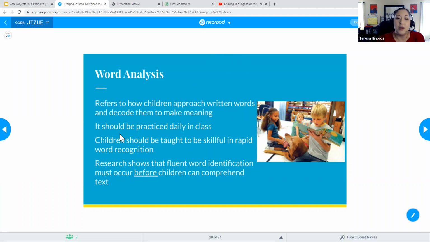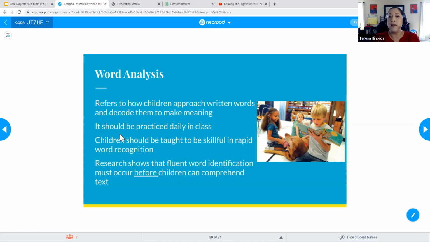And so children need to be taught this so that they can pick up words very quickly. The reason is that if they can see words and right away read them very quickly, then they're able to comprehend the information better. And so research shows that fluent word identification has to occur before children can actually comprehend, which makes sense, right?